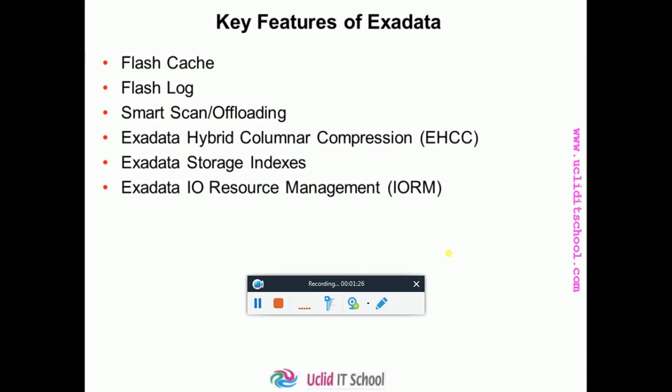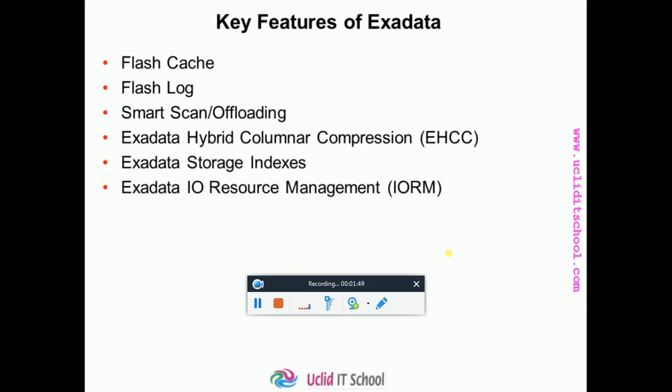And all these features, except IORM, are pre-configured out of the box. You don't need to do any additional setup. They are enabled by default.